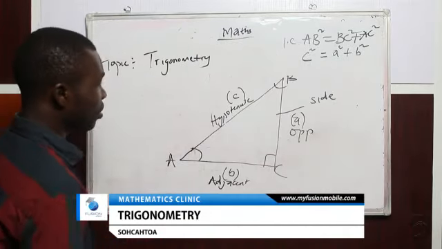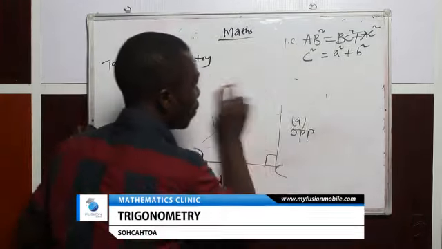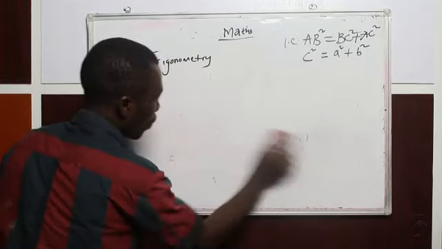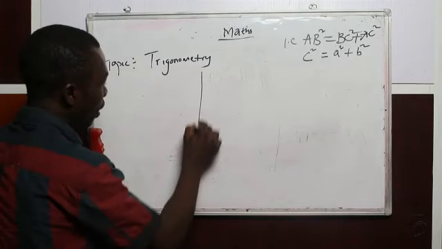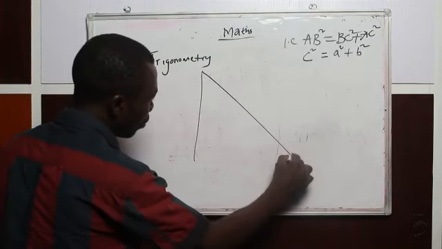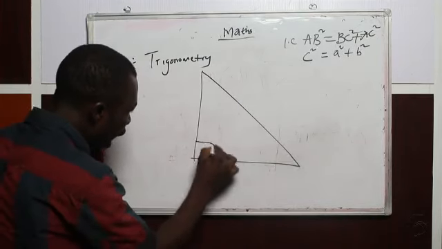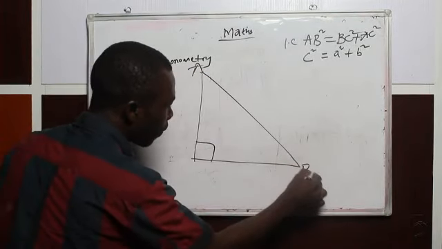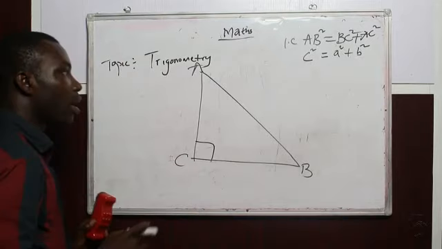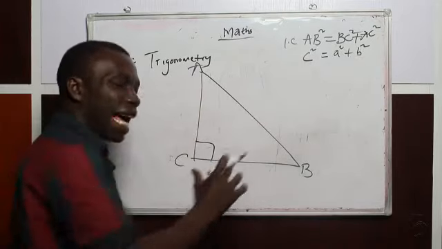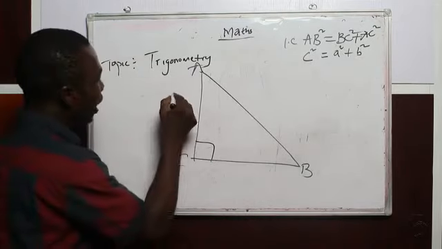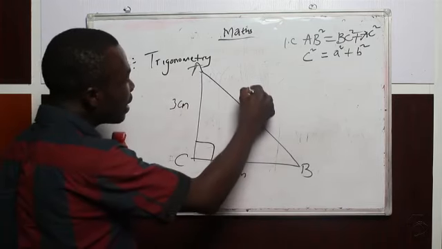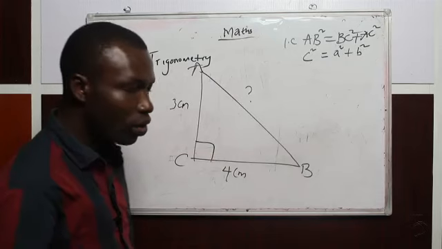Let us consider an example where we have a right angle triangle with angles A, B, C, but it has different sides where we have 3 centimeters, 4 centimeters, but this side is unknown.